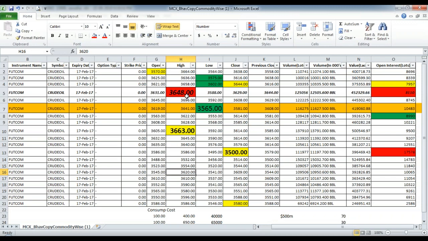Now, when it didn't happen around this level, you will be able to spot maybe 36.20, 35.41. Okay, now let's see.